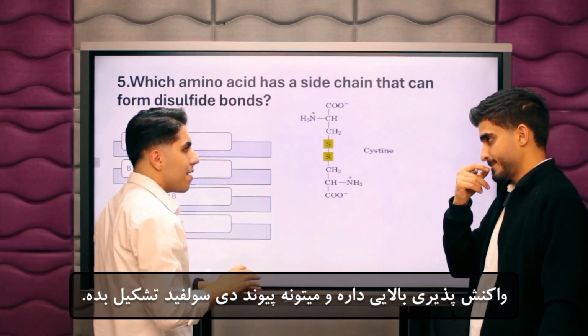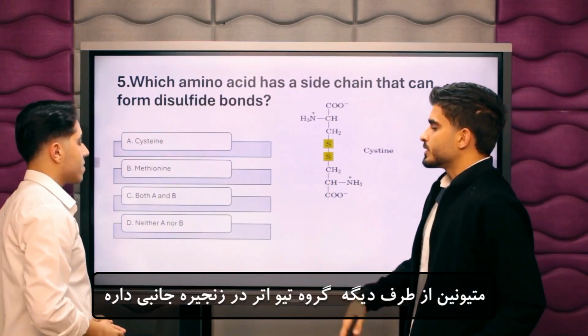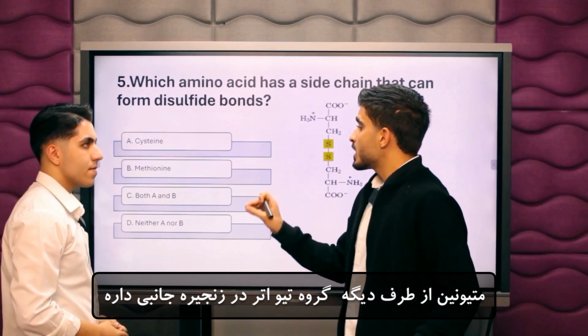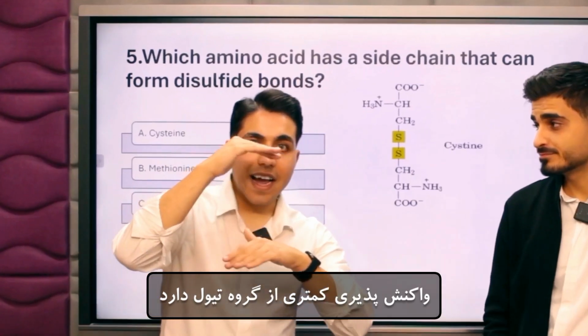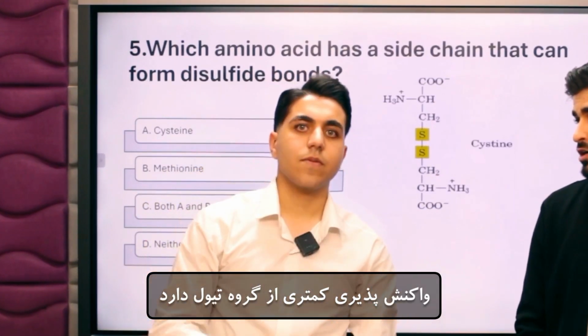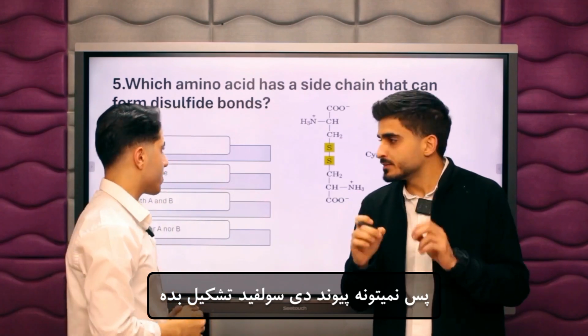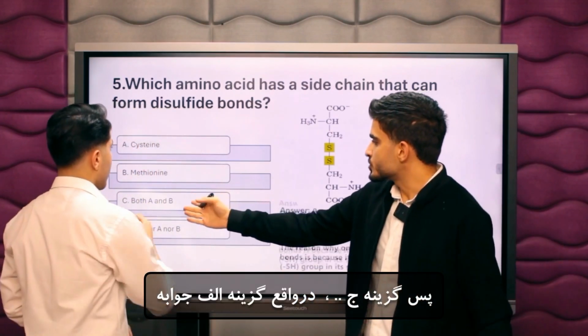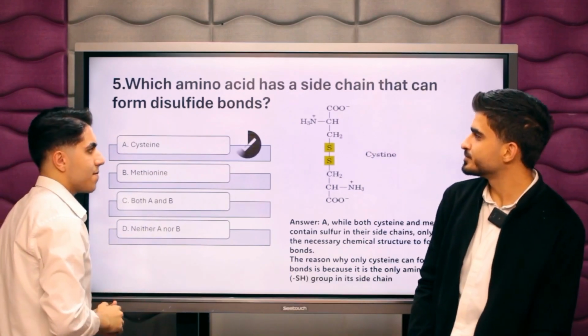It's highly reactive and can form a disulfide bond. Methionine, on the other hand, has a thioether group in its side chain. It's less reactive than thiol group. So it cannot form a disulfide bond. So option A is the answer.